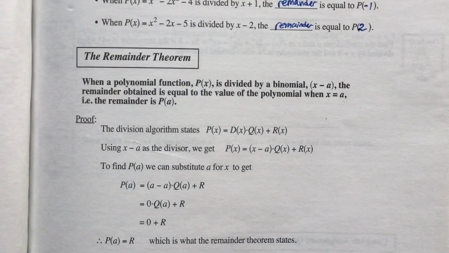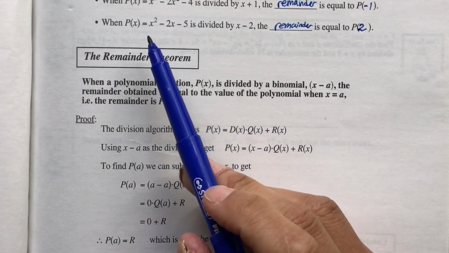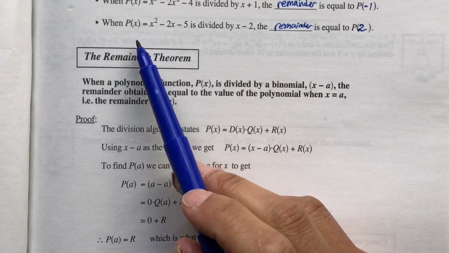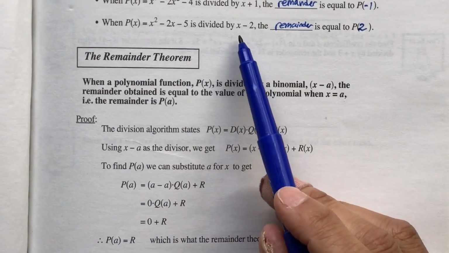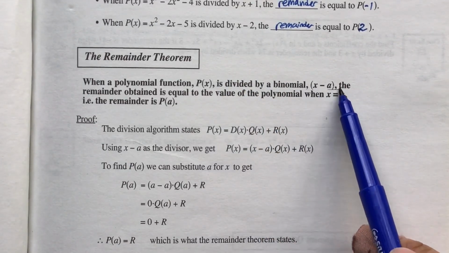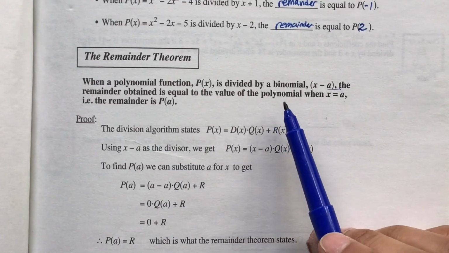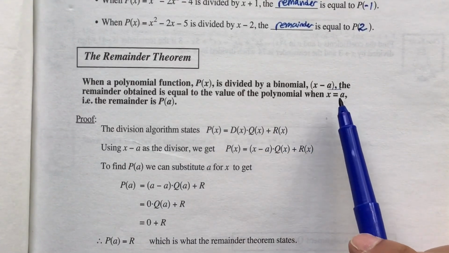And so this is what the remainder theorem is: when a polynomial function, which we were looking at as p of x, is divided by the binomial x minus a, the remainder obtained is equal to the value of the polynomial when x is equal to a.